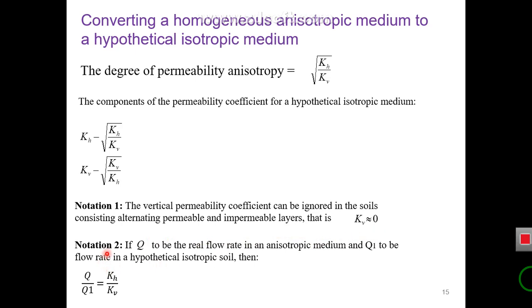The second notation is that if Q is the real flow rate in an anisotropic medium and Q1 is the flow rate in a hypothetical isotropic soil, then we can write Q over Q1 is equal to kH over kV.